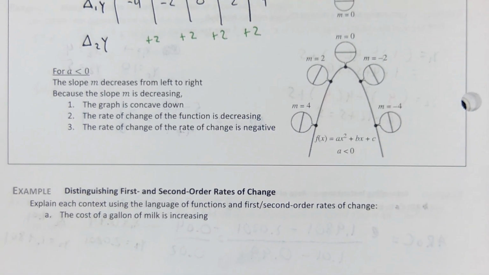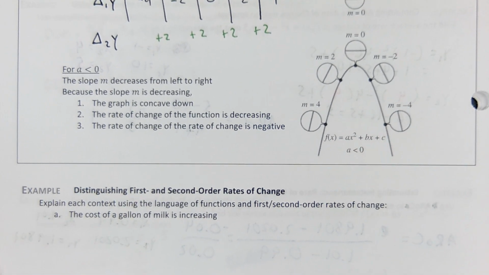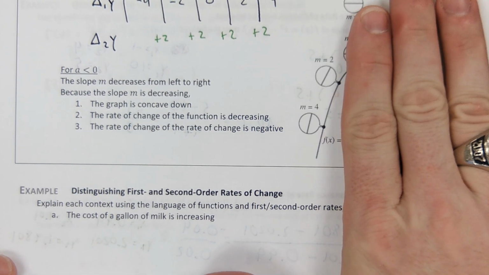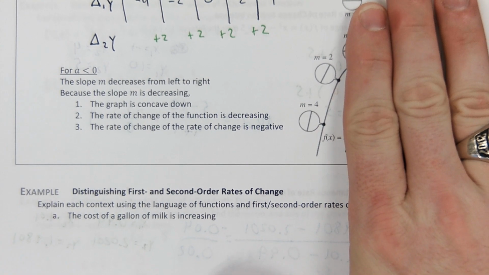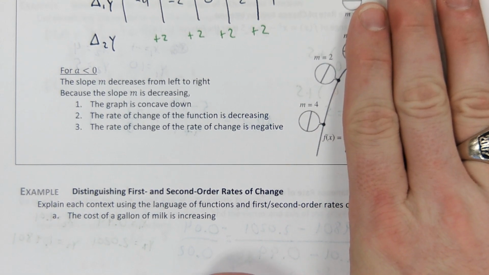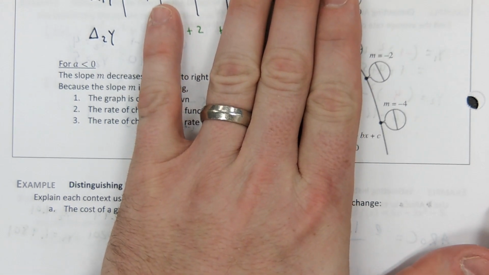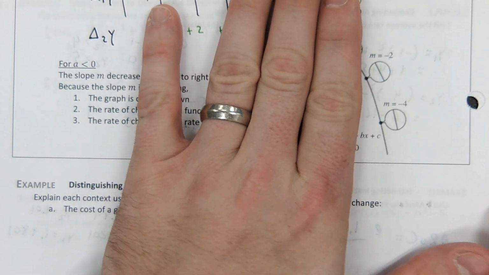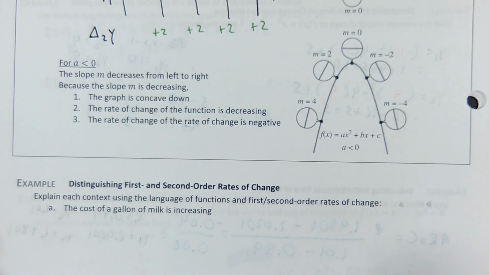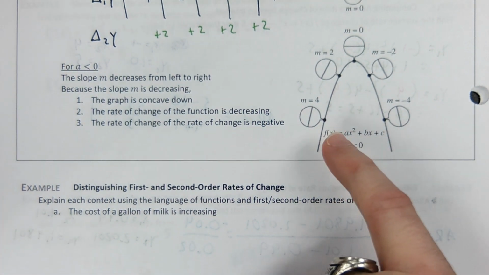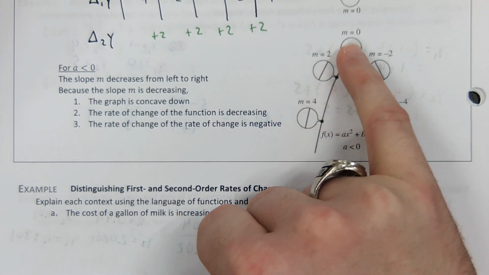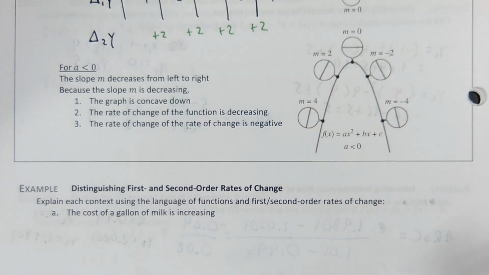Now this one, the only difference is this graph points down. To the left of the vertex, look at my rates of change. They're positive, increasing. To the right of the vertex, look at my rates of change. They're negative, decreasing. But look at the numbers themselves for the rates of change: 4, 2, 0, -2, -4.